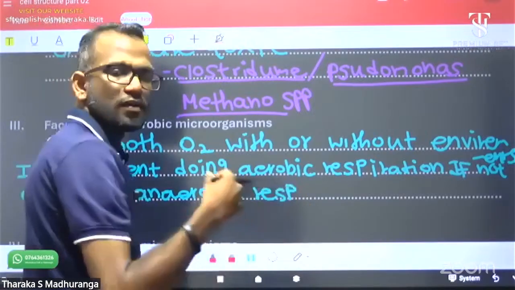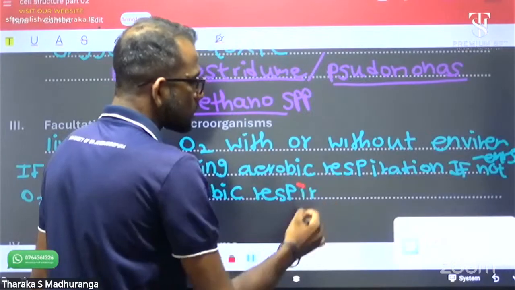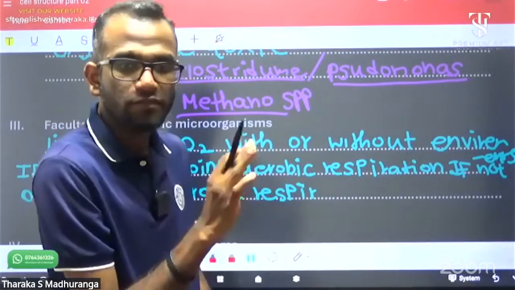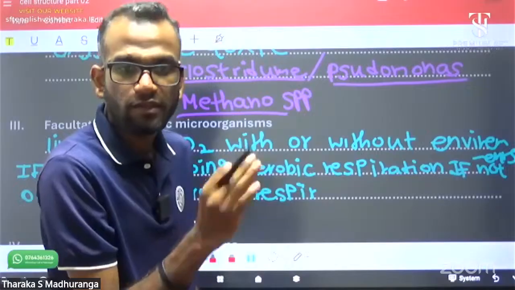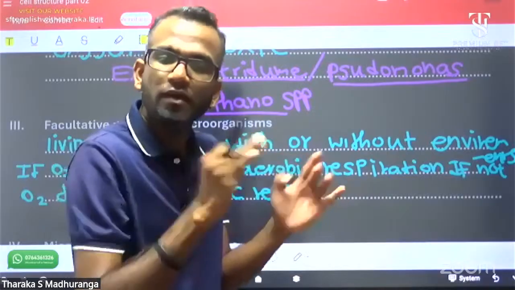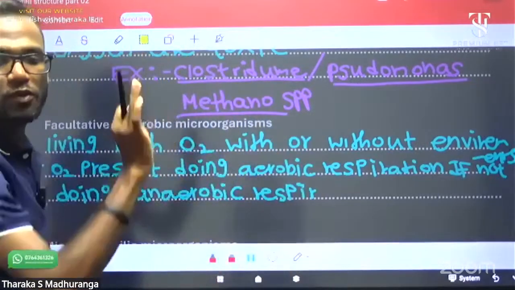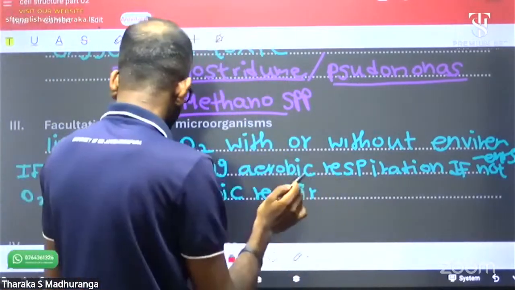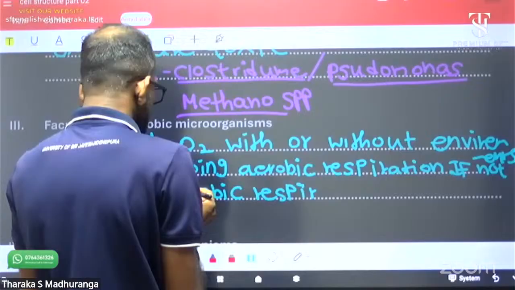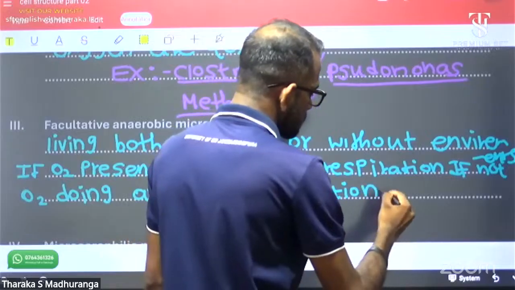Okay, whatever the environment, no problem, right? Oxygen-present environments are not toxic to them. Their name is facultative anaerobic, but oxygen-present environments are not toxic. Not like anaerobic, where oxygen environments are toxic. But facultative anaerobic, no problem. If oxygen is not present, they do anaerobic respiration.